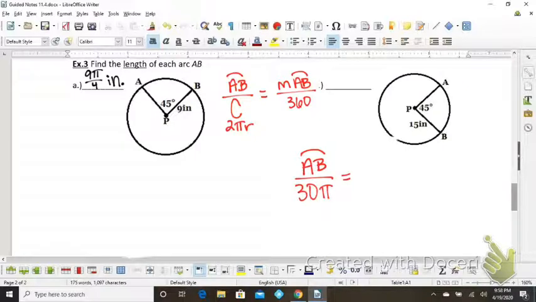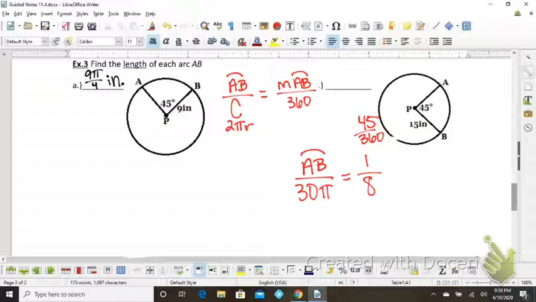is equal to, we've got the same central angle, 45. So if it's going to be 45 over 360 again, I'm going to go ahead and simplify that to 1 over 8 right now. We just did that on the last problem too, so I'm just going to simplify it right away.